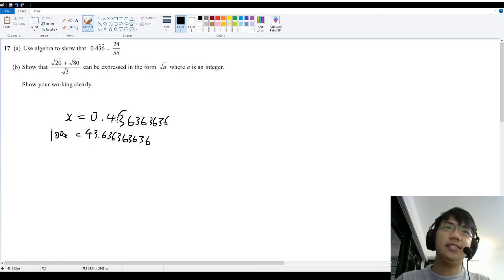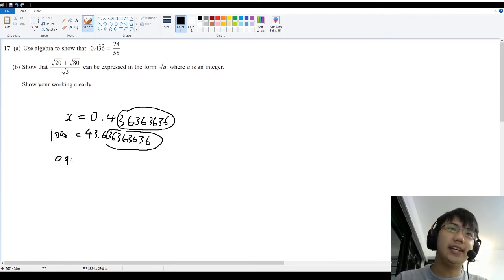Since these digits are recurring, are in the same place and are the same in 100x and x, we can take x from 100x to get 99x, which equals 43.6 minus 0.4, which is 43.2.